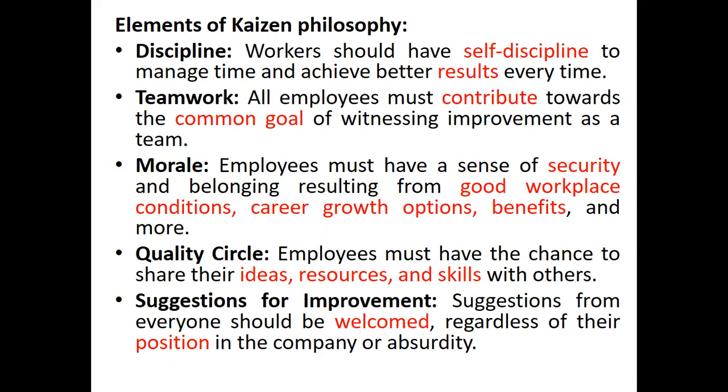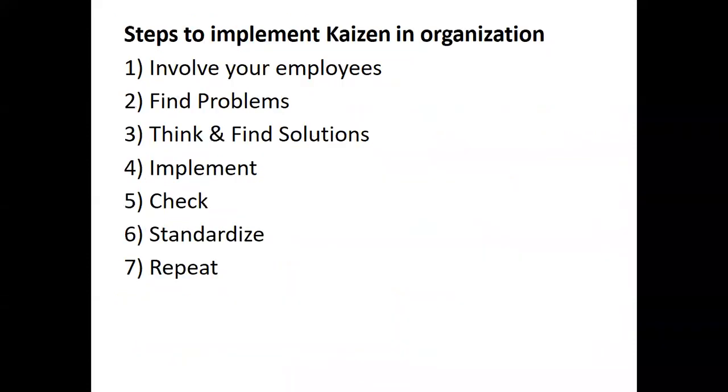If everybody is following these principles, automatically we will reduce the cost. Automatically we can improve the business conditions and business environment. So Kaizen is not any kind of machinery, not any kind of software and all these things. These are the principles which everybody should obey in the organization. And these are the five elements of principles.